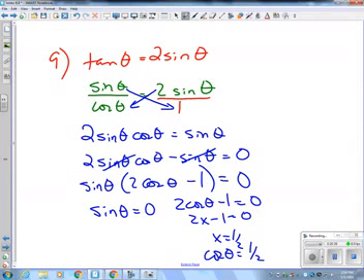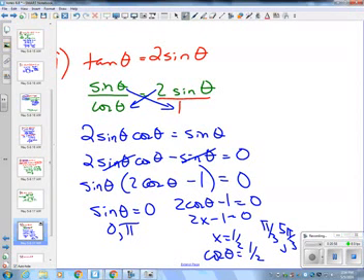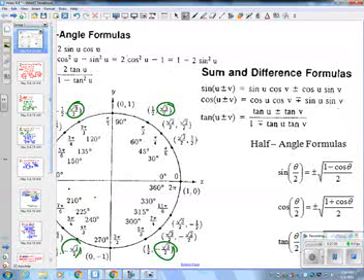Now sine is 0 at 0 and pi, and cosine is 1/2 at pi over 3 and 5 pi over 3. So you can look those up on the unit circle and be sure that you're picking up the right numbers. I have my unit circle. Let's go back and see that, make sure I did that right.